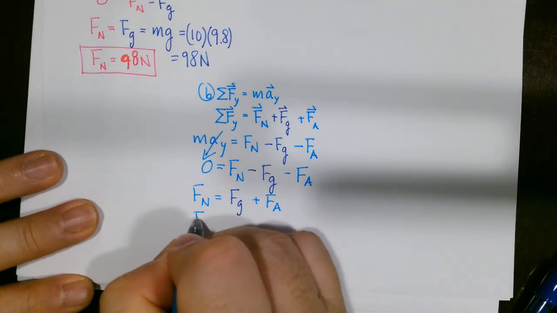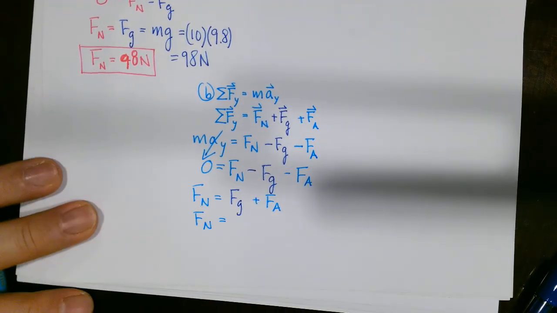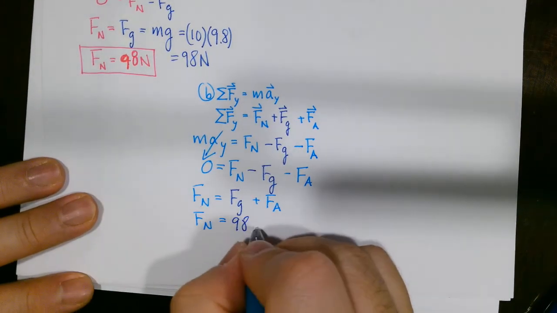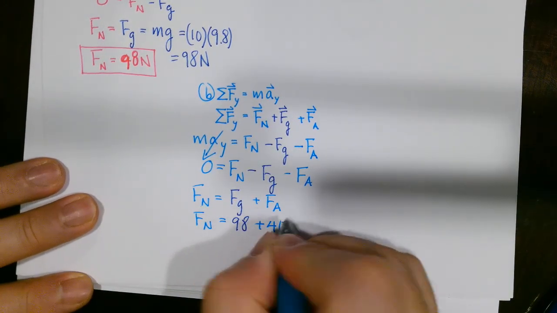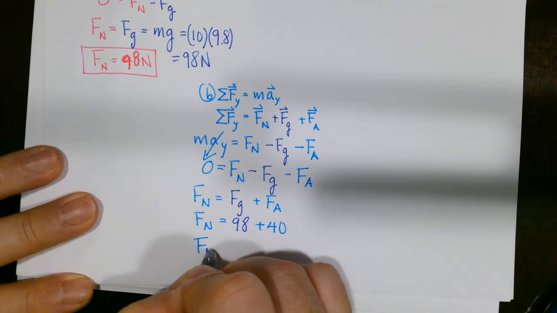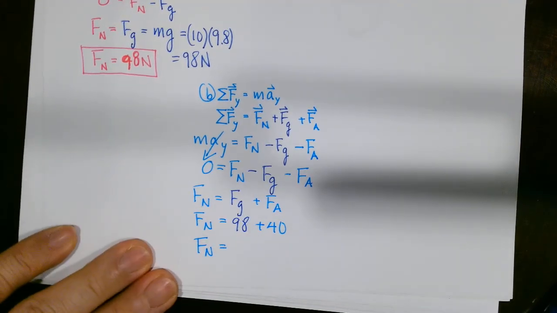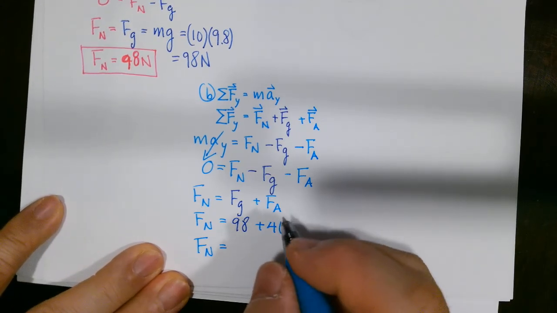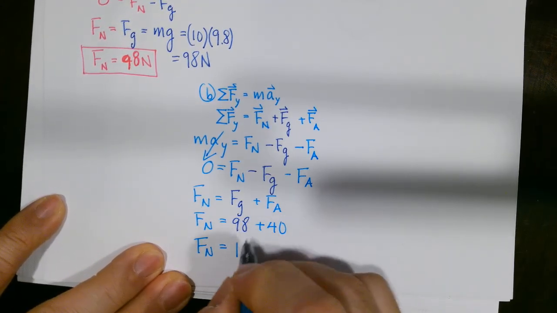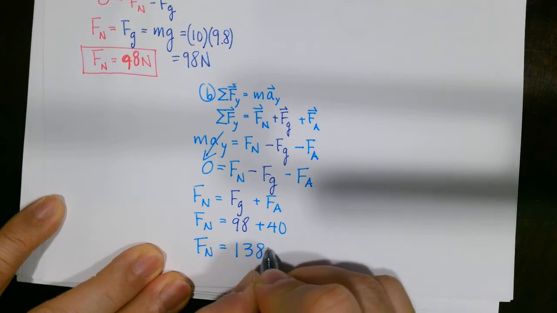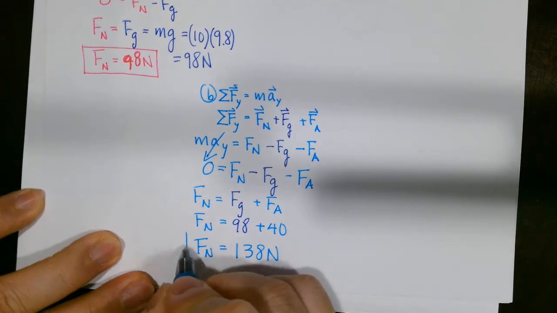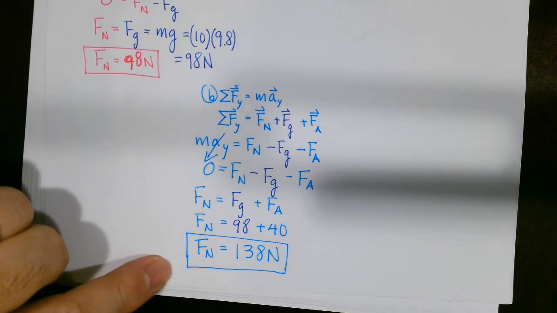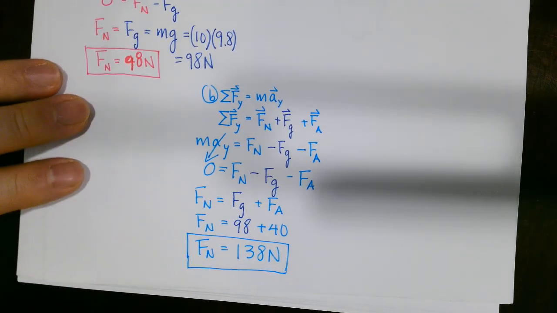So my F normal now is equal to 98 plus 40. So my F normal for part B comes out to 138 newtons. So it's definitely more. Right? It's definitely more.